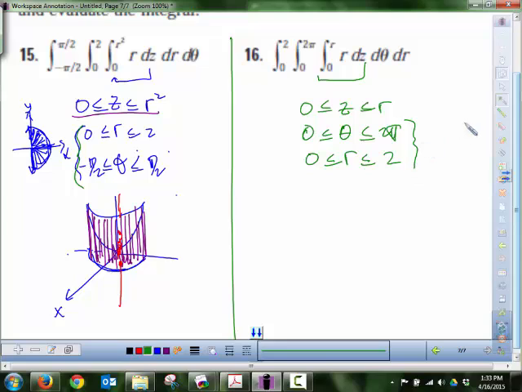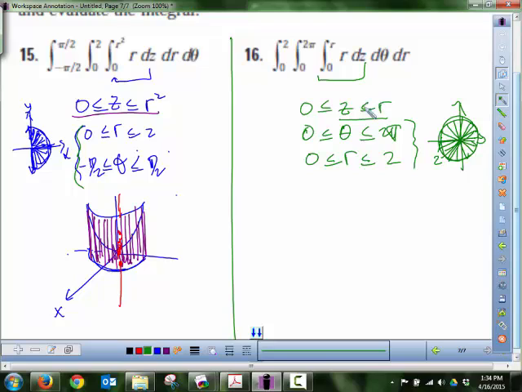So again, if I just focus on my xy plane out of my R and theta, what is my shadow going to look like? A whole circle this time, a radius 2. And then my z goes from 0 to R. Did you guys think about what z is equal to R looks like? A cone.